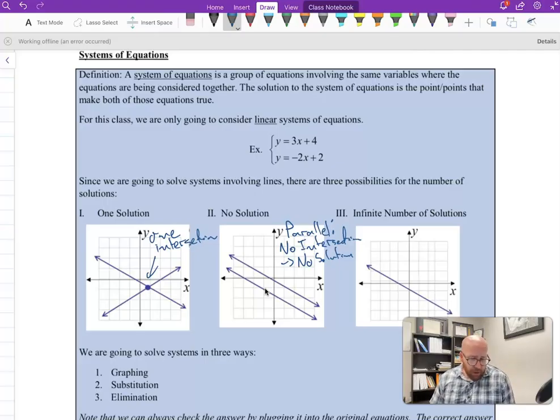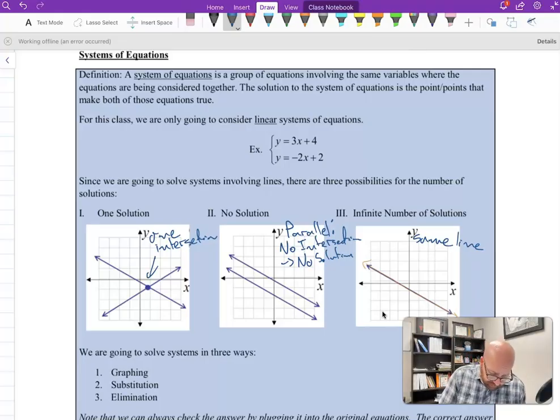Now, on the third picture, it looks like we just have one line, but imagine, if you will, there's a second line that exists right on top of it. So what do we have? We actually have the same line, one line right on top of the other.